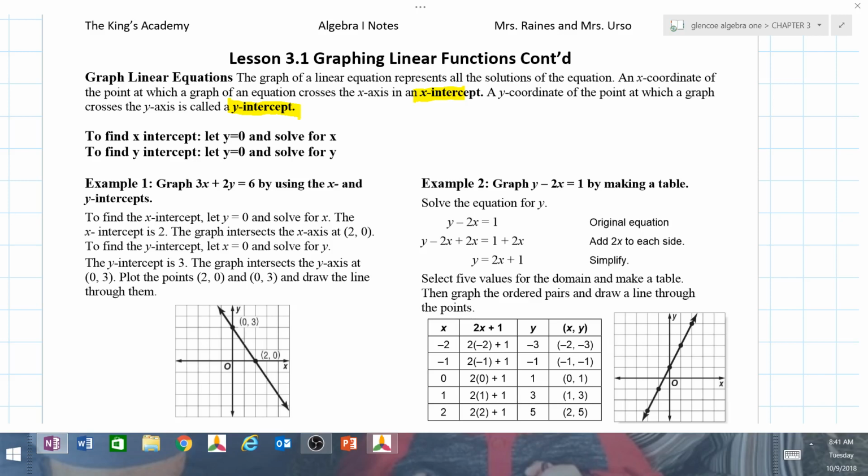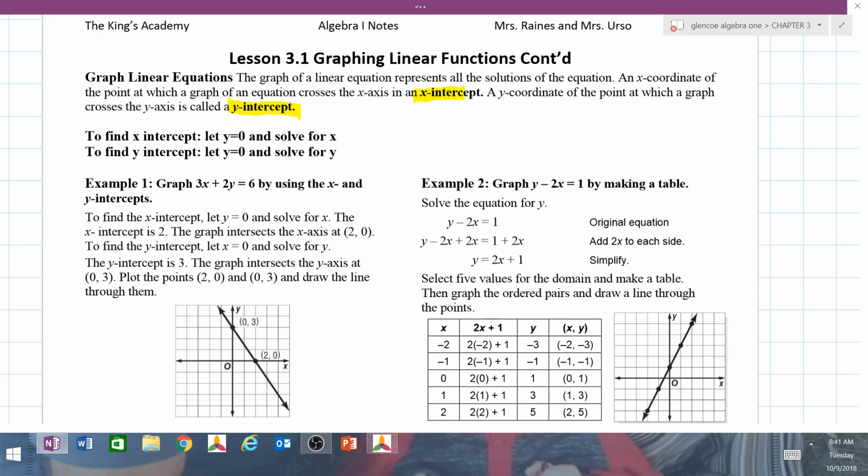To find the x-intercept, you let y equal 0 and solve for x. To find the y-intercept, you let y equal 0. I think this is a mistake here. To find the y-intercept, it should say you let x equal 0 and solve for y. So that's an error, so we need to correct that.